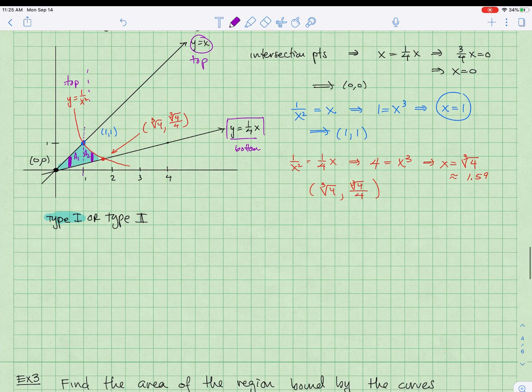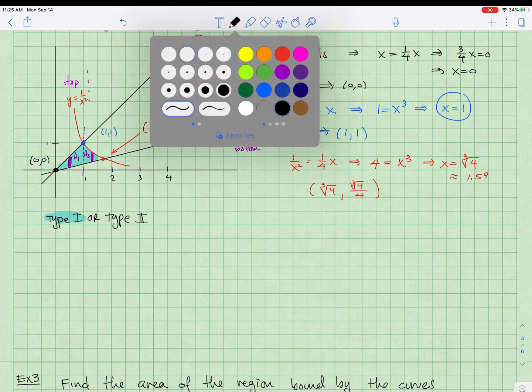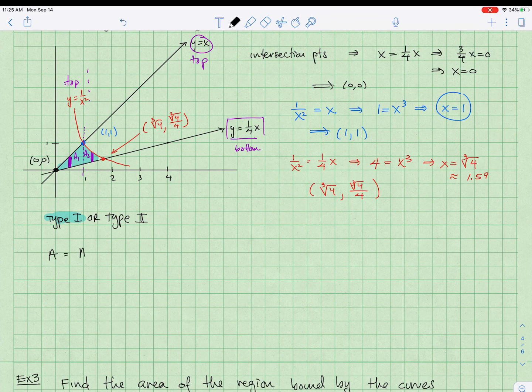So we're going to need two integrals, and the area, which is area 1 plus area 2, is equal to, I guess I should have found this point of intersection, 1 over x squared. Oh, I already did that.